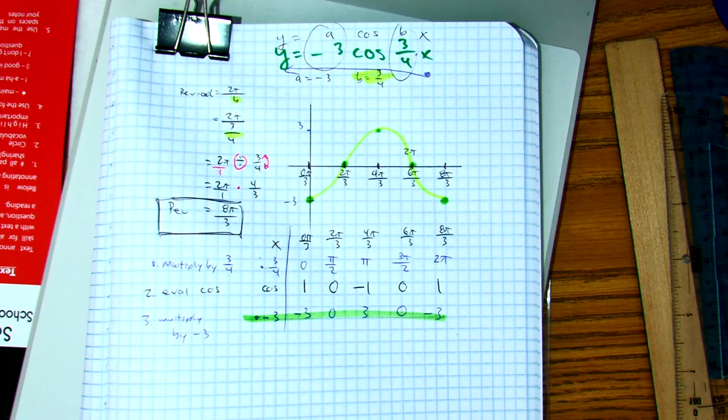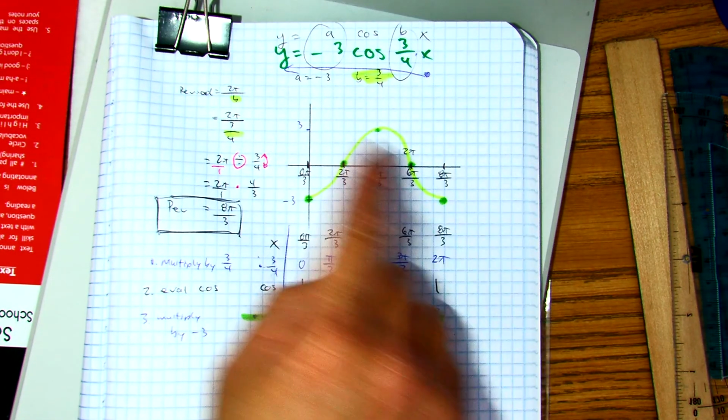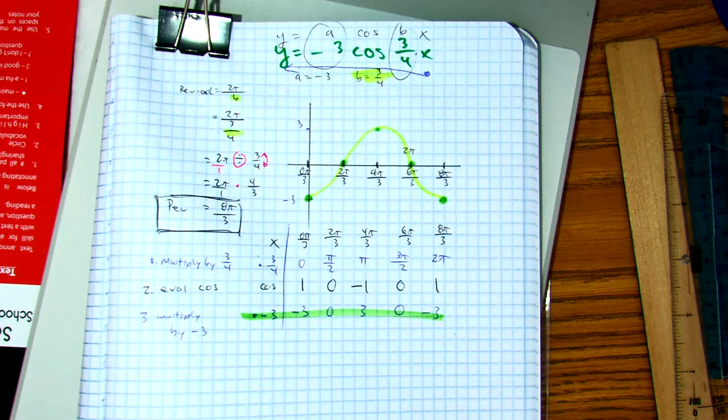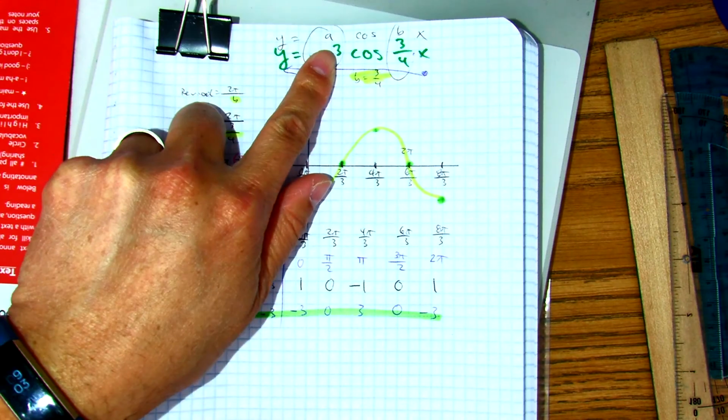Class, what happened to the graph? Reflected across the x-axis. It reflected over the x-axis. A is negative. What else? It didn't move 3 units down. What happened? I had a vertical stretch of 3. And what happened here?